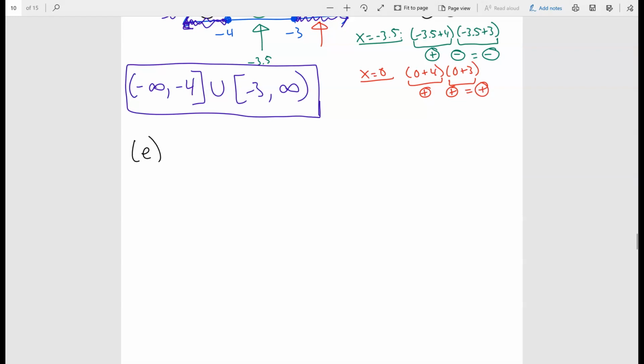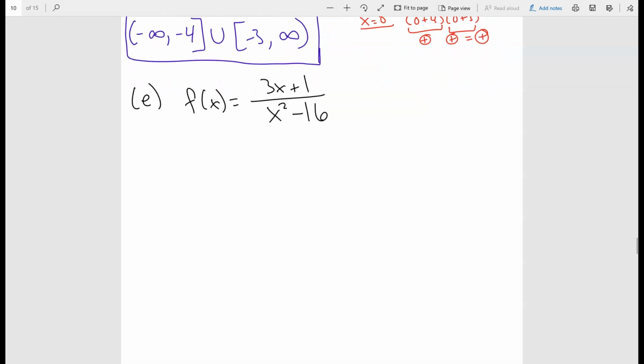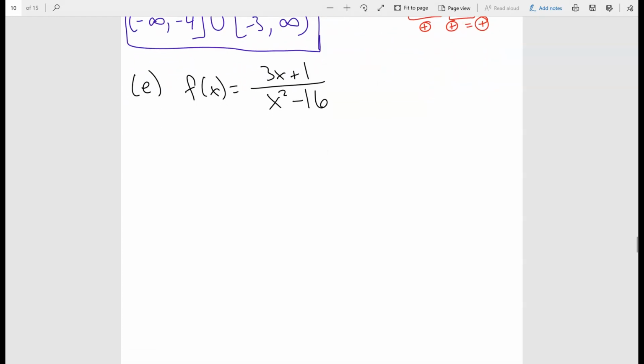So let's say we want to figure out f of x is equal to 3x plus 1 divided by x squared minus 16. Okay, so remember this is a rational, and the way that we deal with rationals is that we want to set the denominator equal to 0. So the denominator, we're going to set it equal to 0.